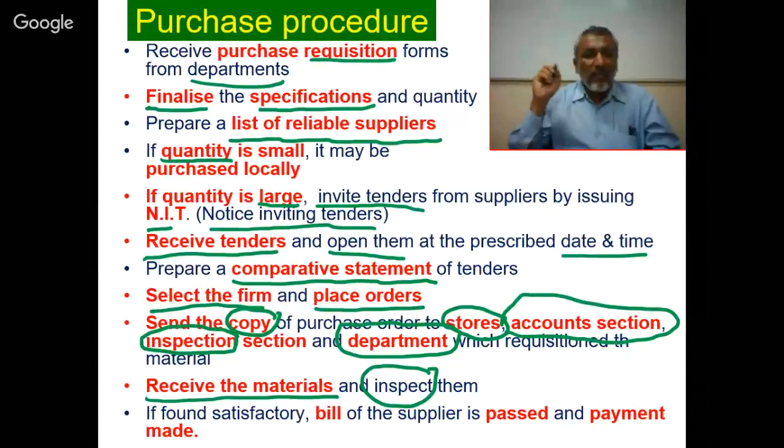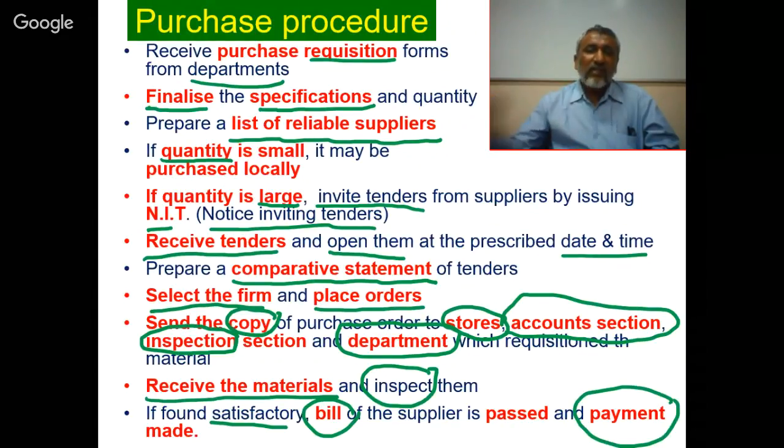Finally, if the material is found satisfactory, the bill is passed and the payment is made to the supplier. So it starts with the purchase requisition and it ends with the payment to the supplier. The entire set of steps in between is what is known as the purchase procedure.